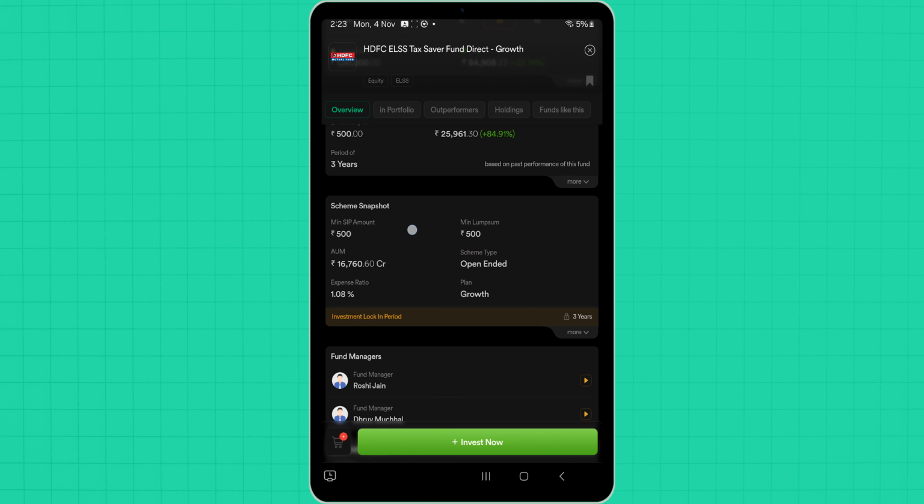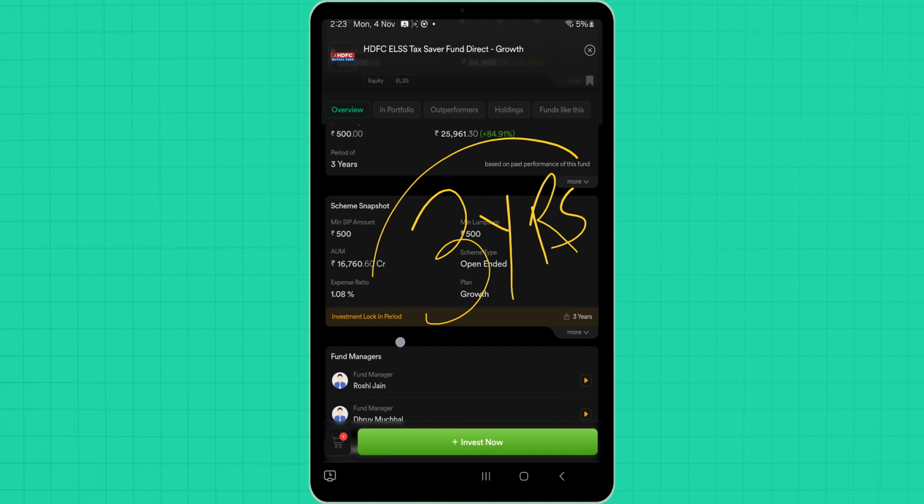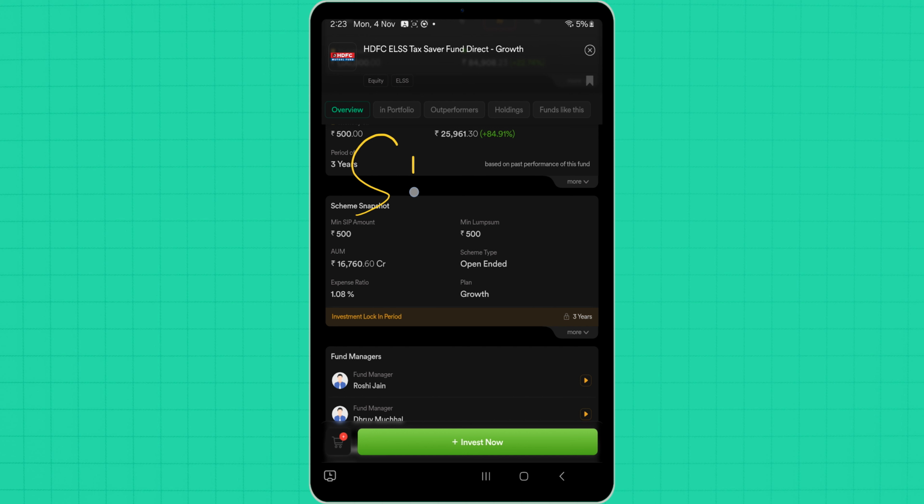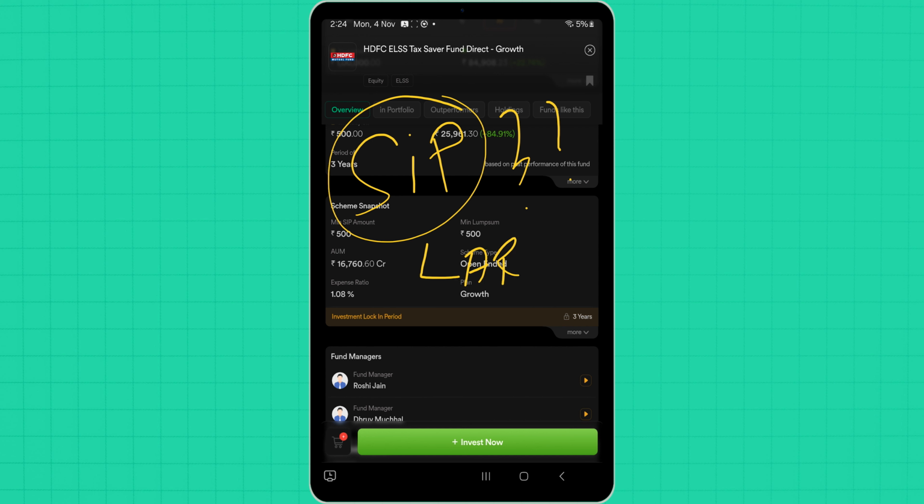Now, one thing we should know is that ELSS funds are locked for 3 years, which means if I invest in an ELSS fund today, my investments will be locked for 3 years and I can only sell them after 3 years. Now, a lot of people wonder if you do a SIP in an ELSS fund, how will your lock-in work? So, for example, you start your SIP in April and you go all the way till next year, March.